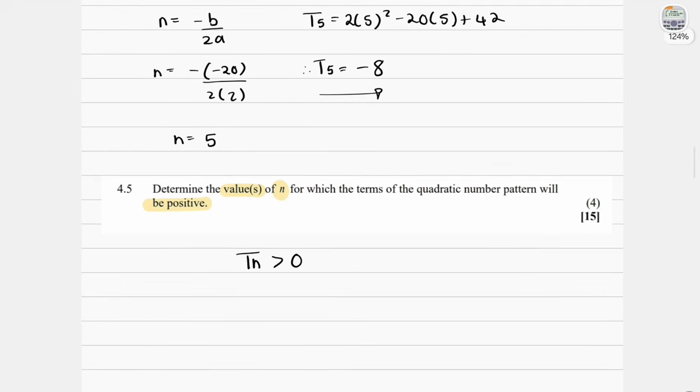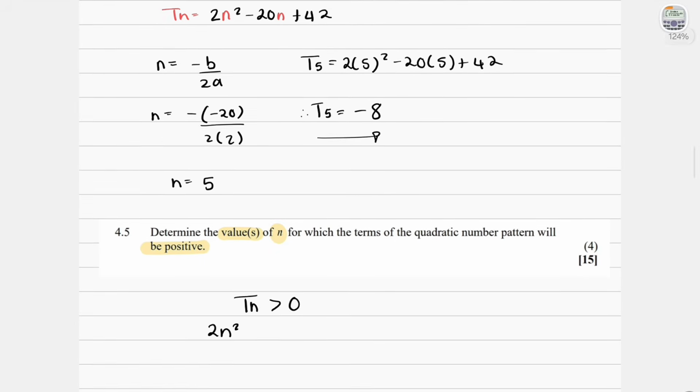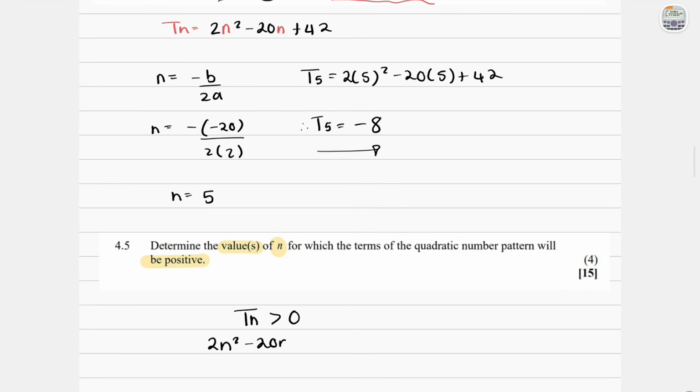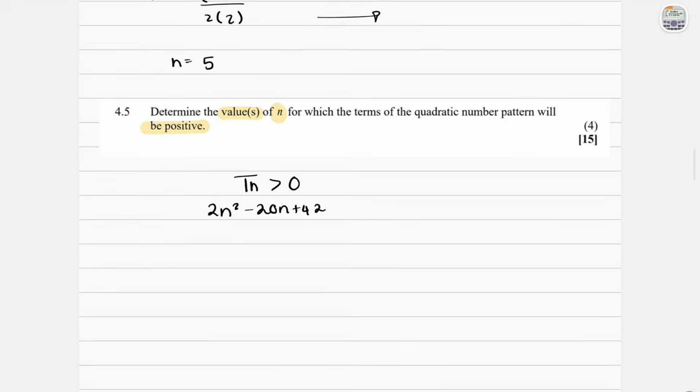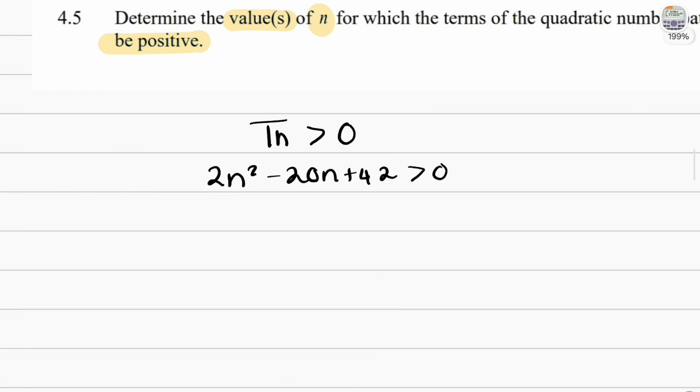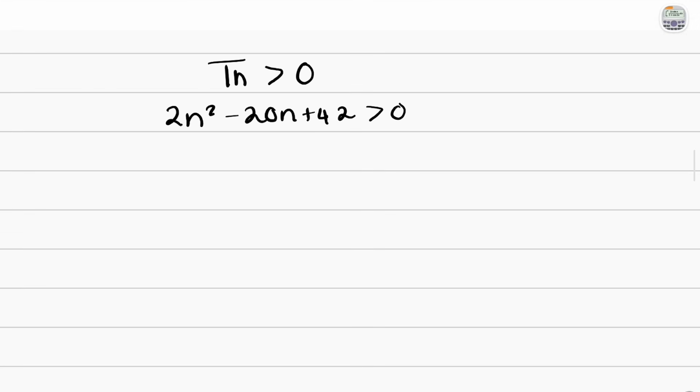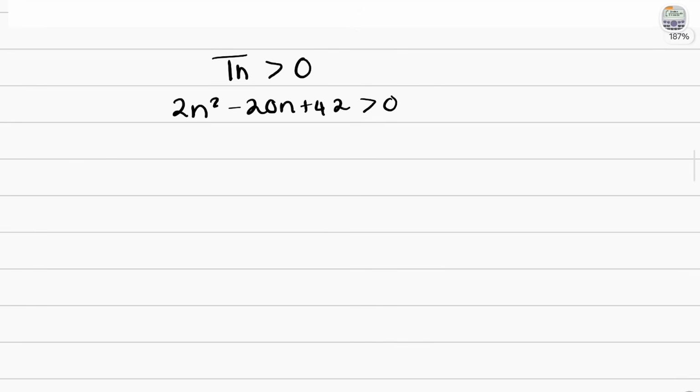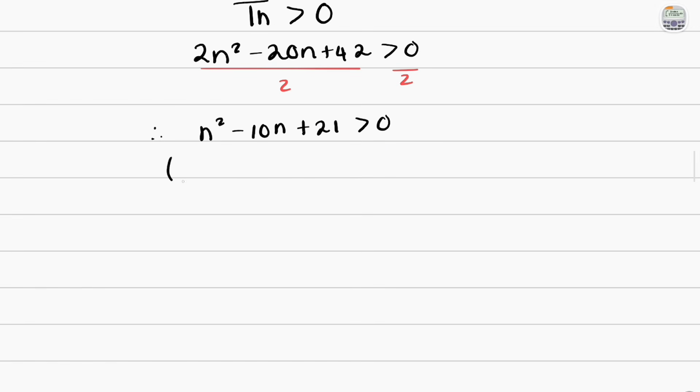So we'll rewrite our pattern. It is 2n squared minus 20n plus 42, and we need to ensure that this is greater than 0. So we just need to solve for this inequality. There's a 2 all through, so we can divide both sides of this inequality by 2. Therefore, we have n squared minus 10n plus 21 is greater than 0. Factorize.